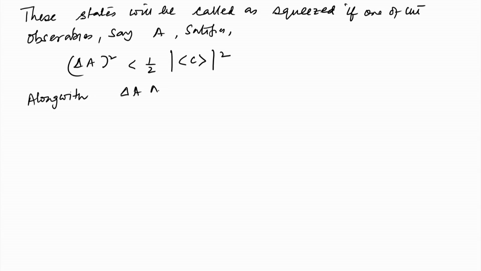So delta A delta B should be equal to half of C, and this is called ideal squeezed states.